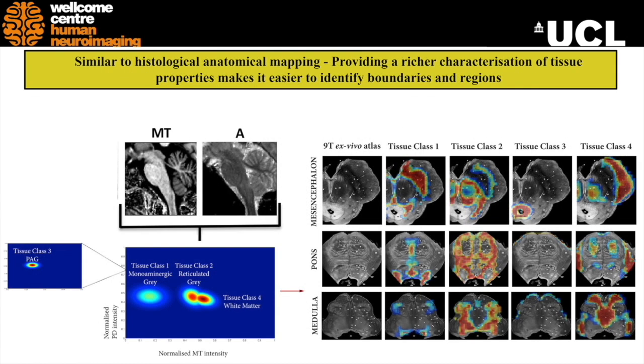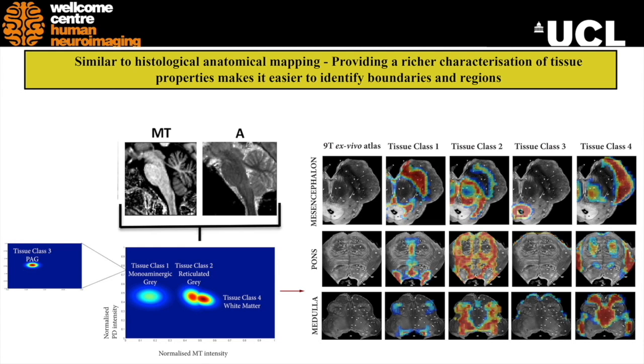What those examples highlight, and the reason quantitative MRI can be used for anatomical mapping, is that it provides a richer characterization of tissue properties and provides more measures to do so, which makes it easier to identify boundaries and regions, which is very similar to the approach taken by histological anatomy mapping.